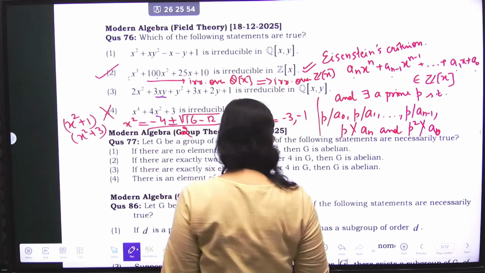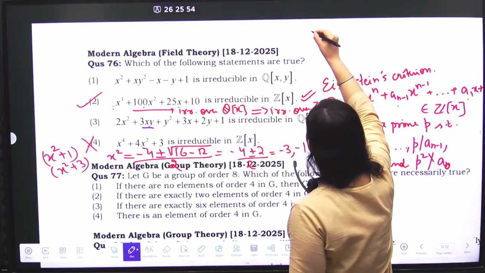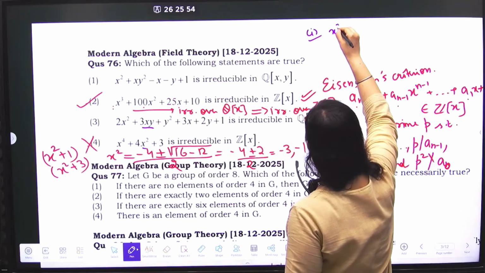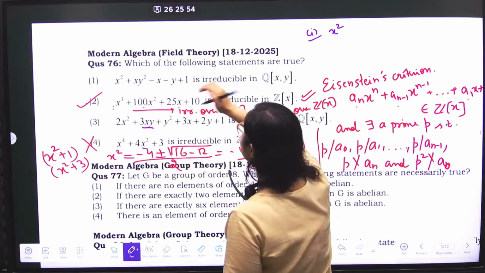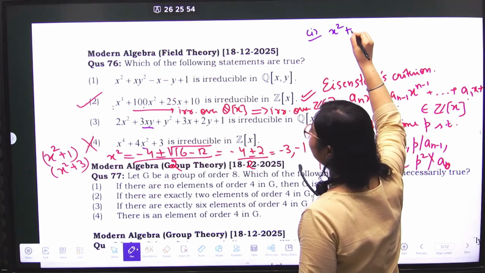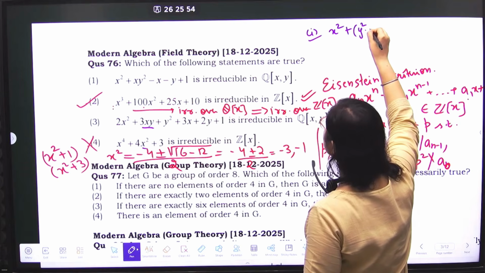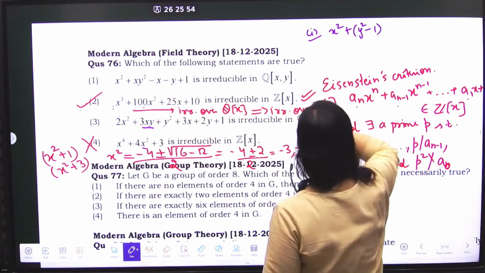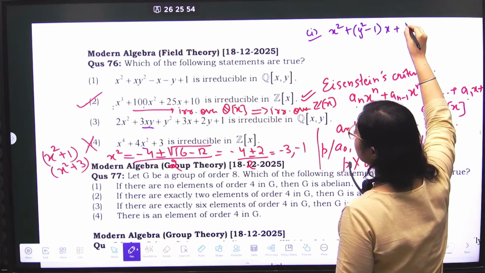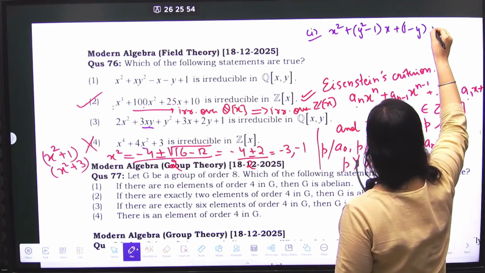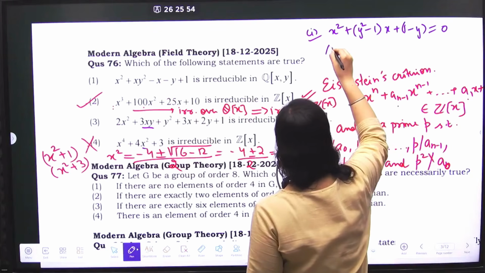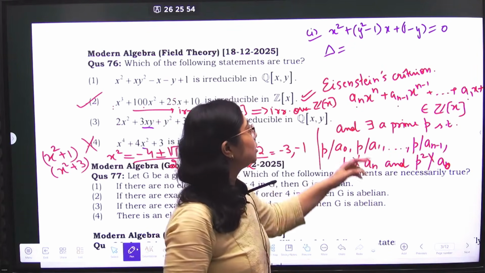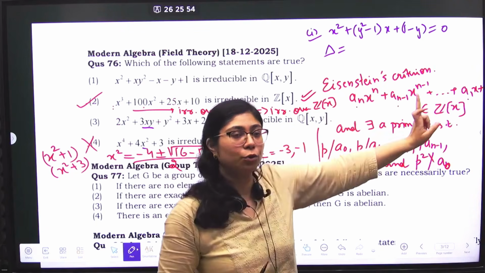So what I was trying to say is, for the first option, we can treat this polynomial as a polynomial of x only. So x squared plus, combining the coefficient of x, (y squared minus 1), and then the coefficient of x to the power 0, which is 1 minus y, equals 0. Now the discriminant, if I have to find the value of x in terms of y, is nothing but b squared minus 4ac.